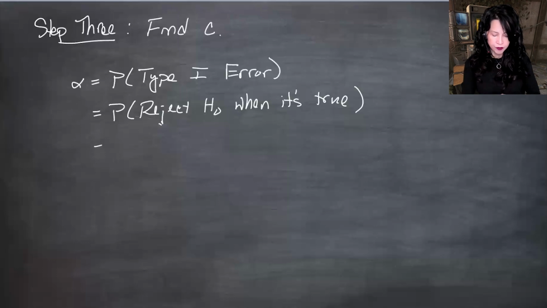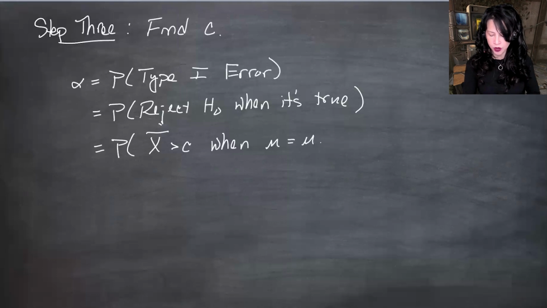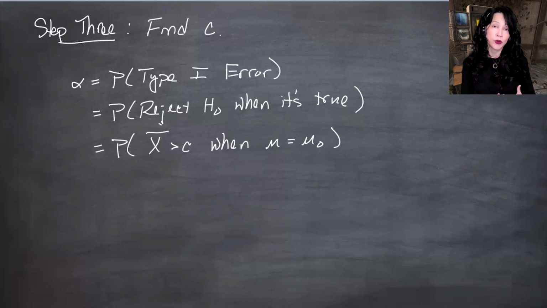So rejection for us means that x bar is greater than c. That's our rejection rule. And when it's true means that the mean is really mu naught. We started with normal random variables, and this x bar has a normal distribution because it's a linear combination of normals.